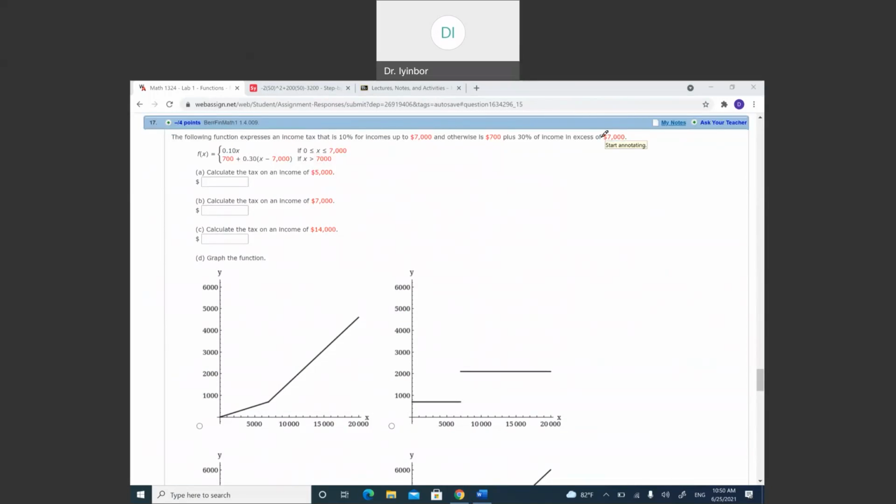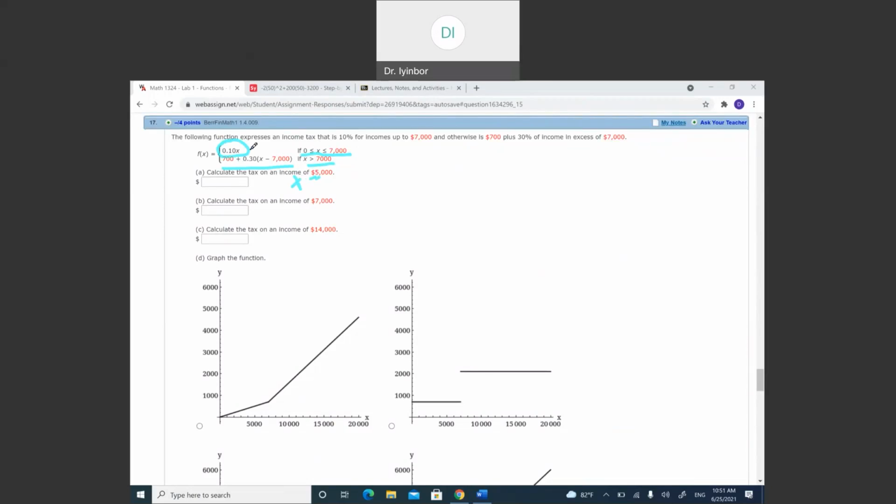Now, this is what that means. If x is between 0 and 7,000, you're using this function. If it's greater, you're using the bottom function. Now, here they say x is 5,000. So you're going to plug it in. That's the income. So when x is 5,000, it's in the first function.